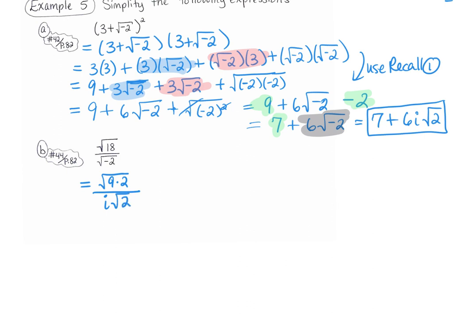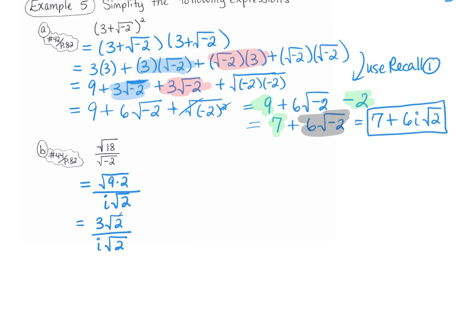So then what we have here, notice that our numerator becomes what? If you simplify the numerator, that becomes what? Very good. 3 square root of 2, because the square root of 9 is 3. That's where that came from. Over i square root of 2, what happens? That's very good.